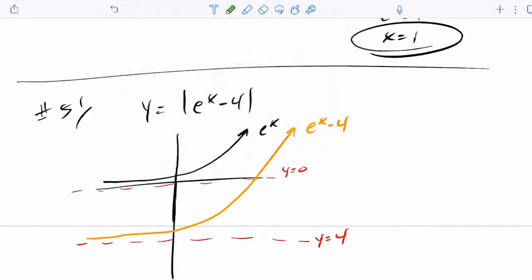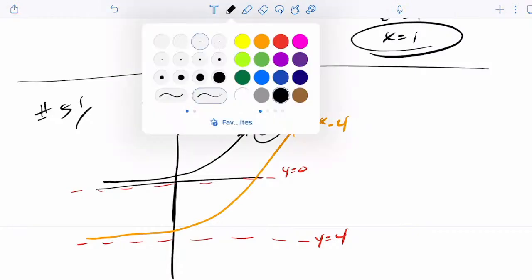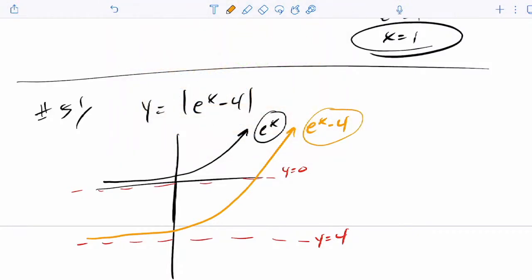What I have here in black represents e to the x, what I have in orange represents e to the x minus 4, and what I have in green represents the absolute value, because everything below gets reflected back up. So this will end up reflecting up like this and tending towards that way. What I have in green here is the absolute value of e to the x minus 4.